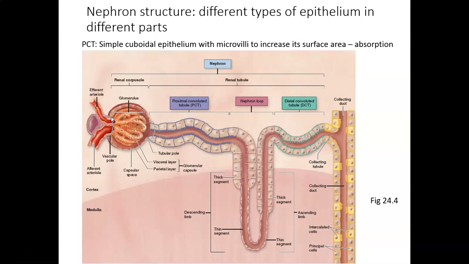I forgot to mention in the last slide that the afferent arteriole is always bigger in diameter than the efferent arteriole. That basically means you have more blood going into the glomerulus and less coming out, so you're increasing the blood pressure inside the glomerulus.